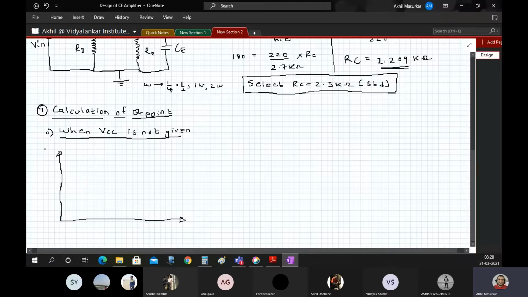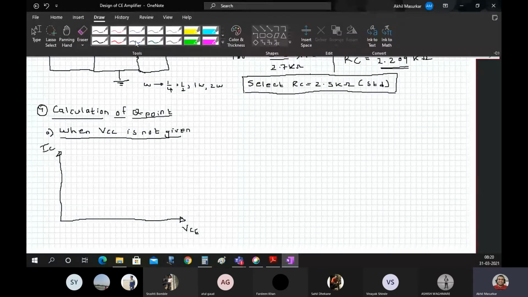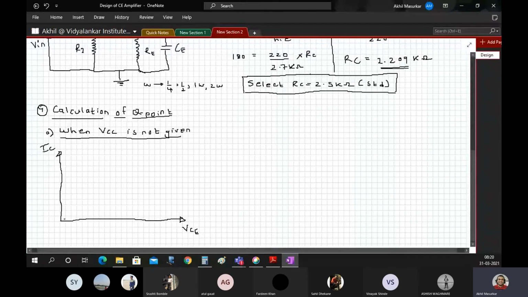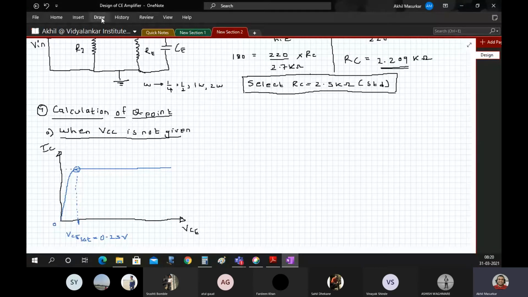Here we have IC and here we have VCE, and if you recall, the transistor characteristics are like this. In the problem they have given us VCE SAT. So this is my value of VCE SAT, that is going to be 0.25 volts.